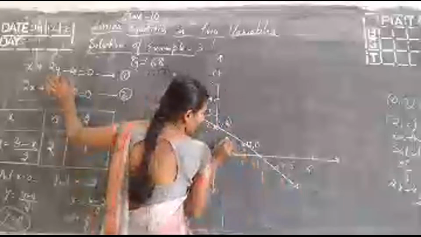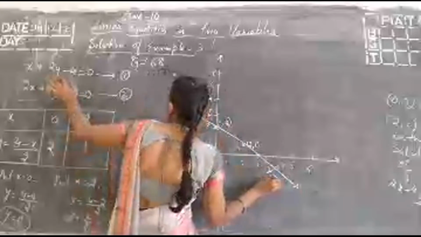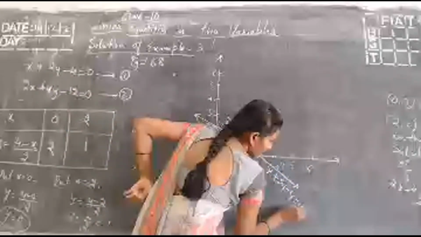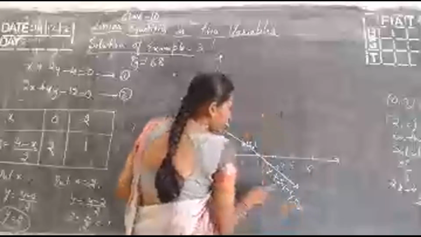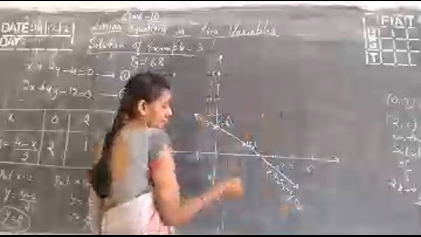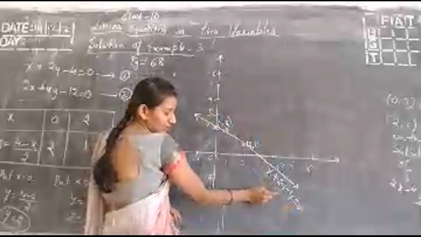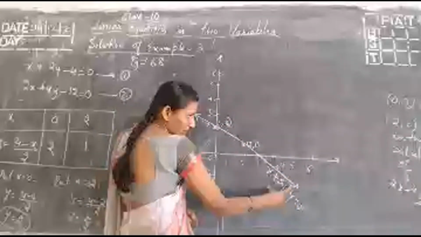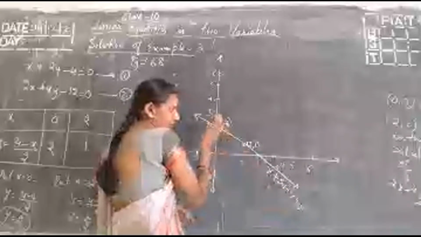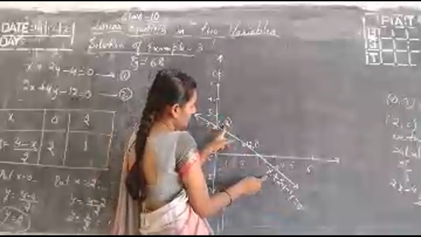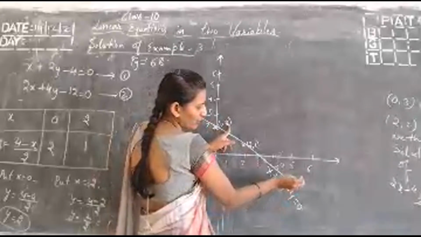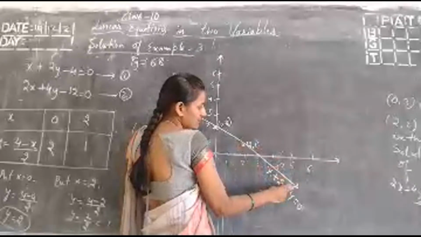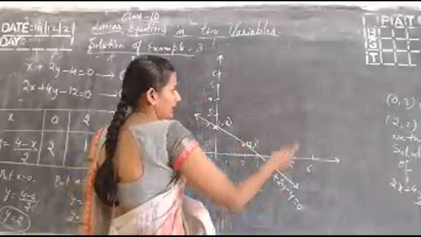The first equation: x plus 2y minus 4 is equal to 0. Straight line. These two points are the solutions of this equation. If you put x is equal to 0, y is equal to 2, 2 twos are 4, 4 minus 4 is equal to 0, which means these 2 points satisfy this equation.